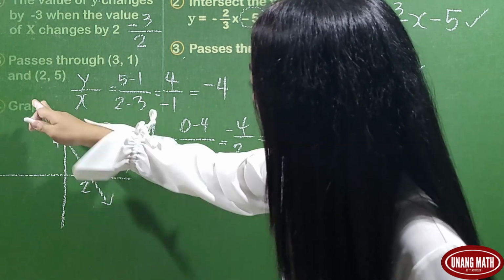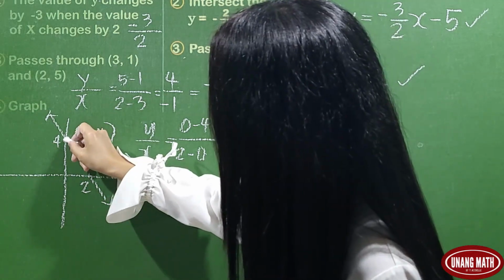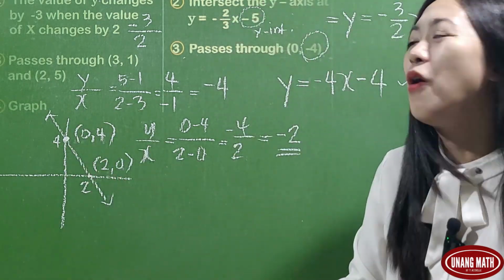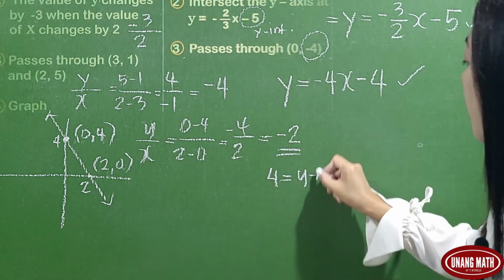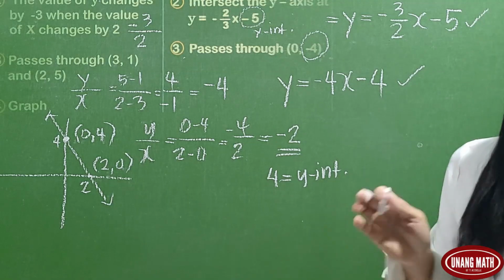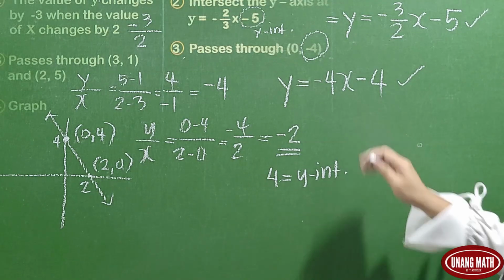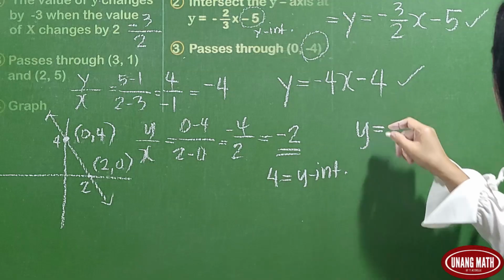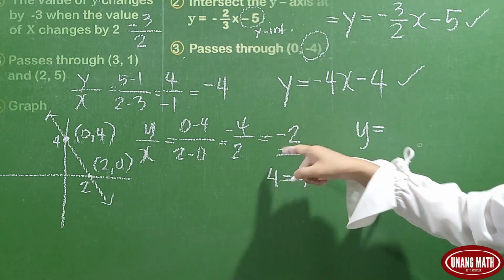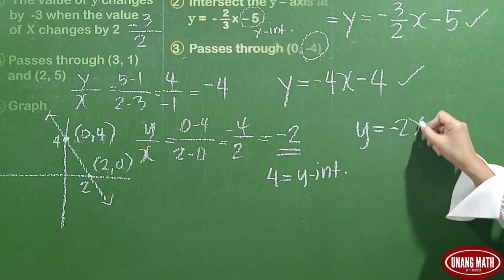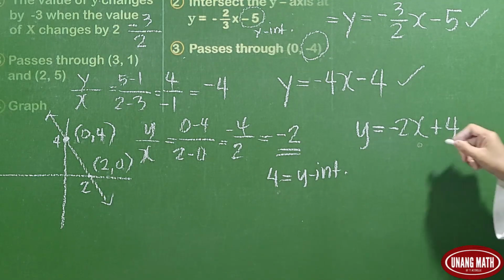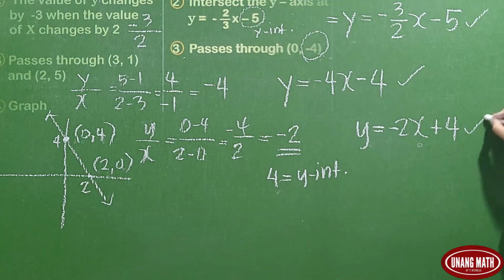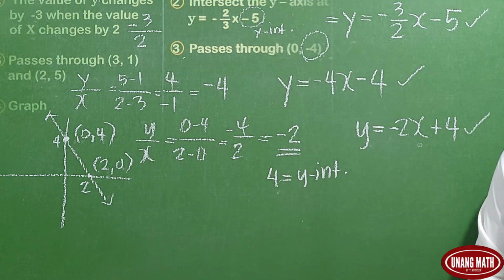If you take a look at the graph, the y-intercept is positive 4. So 4, this is our y-intercept. So if we are going to write the equation, it would be y is equal to, the slope is negative 2, so negative 2x, and the y-intercept is 4, so this is plus 4. So y is equal to negative 2x plus 4.